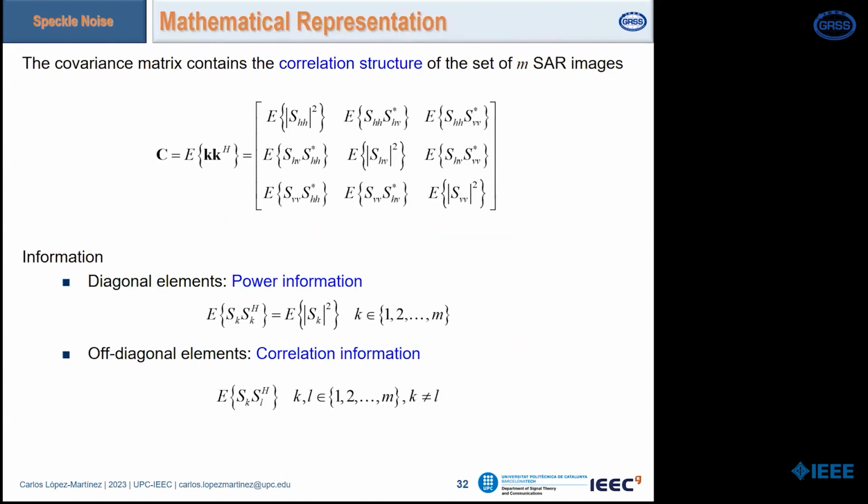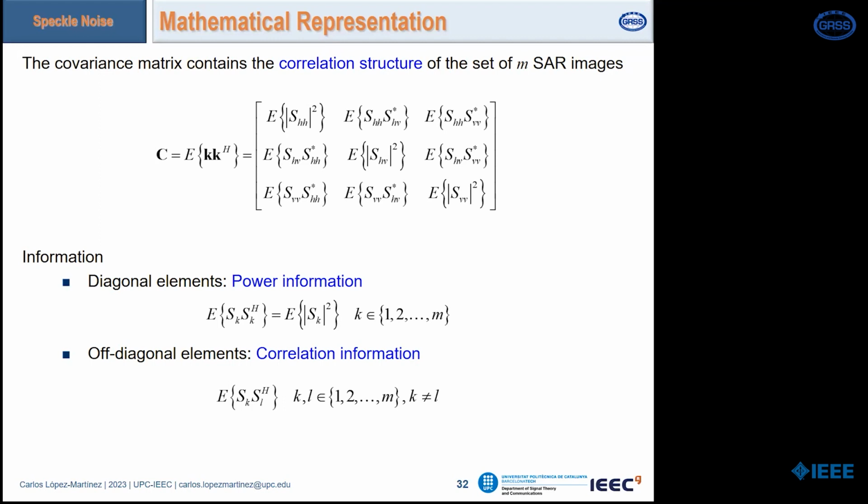So this is the beauty of the Gaussian distribution. I only need to play with covariance matrices. The covariance matrix has this shape here. The diagonal elements contain the intensity, the off-diagonal elements contain the correlations. Why do I need this expectation? Because this data has speckle noise.